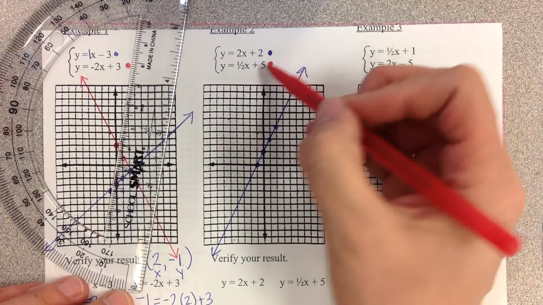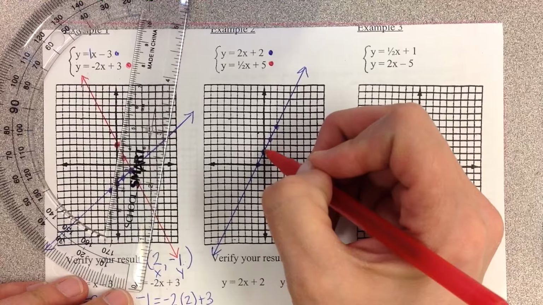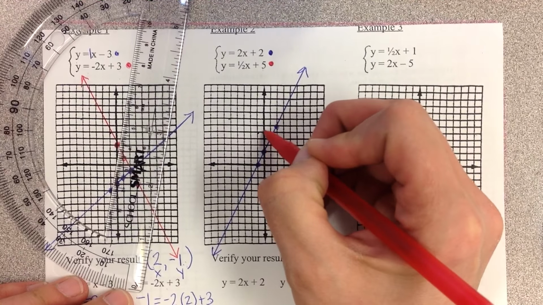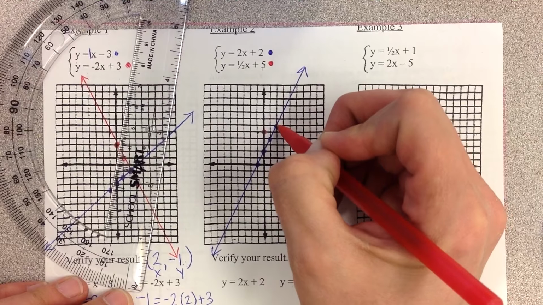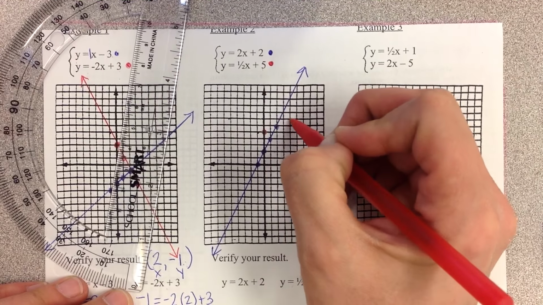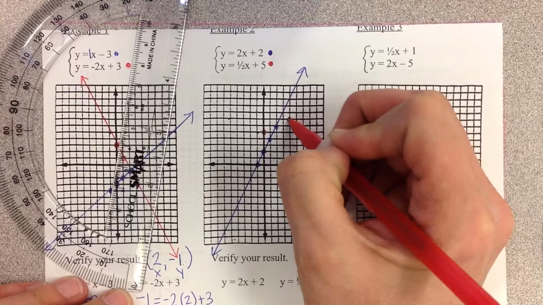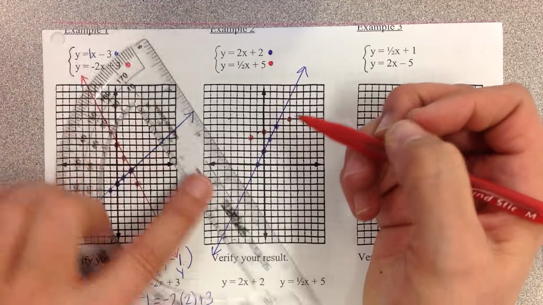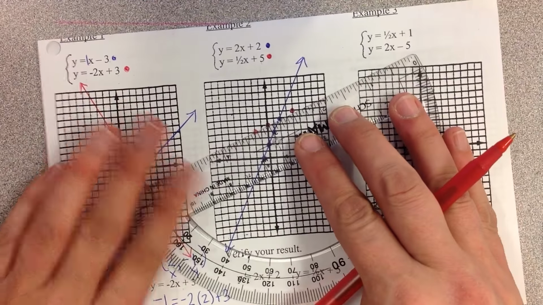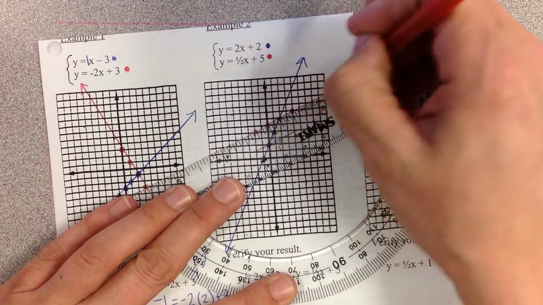In slope-intercept form, we begin with the y-intercept of 5, and we have a slope of 1/2, which means a rise of 1 and a run of 2. Or if you want to be fancy, down 1 to the left 2. Draw your line.